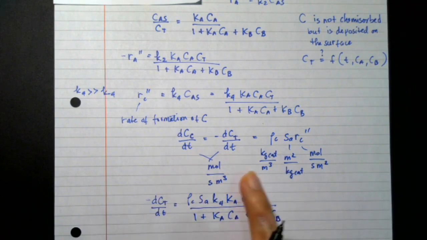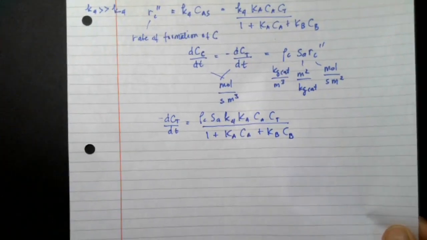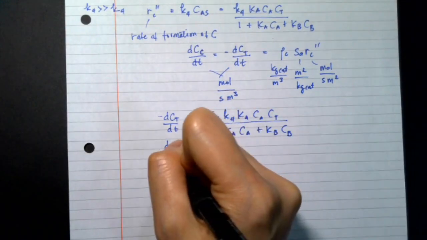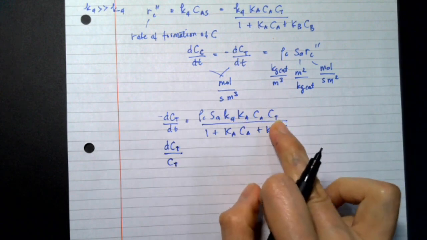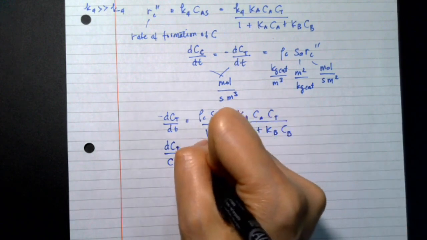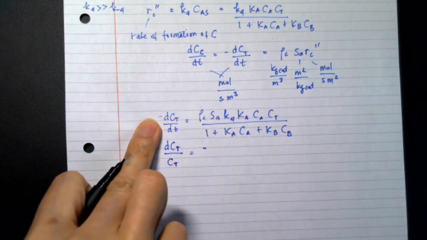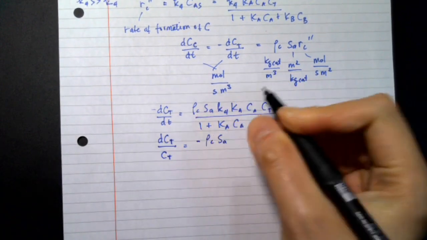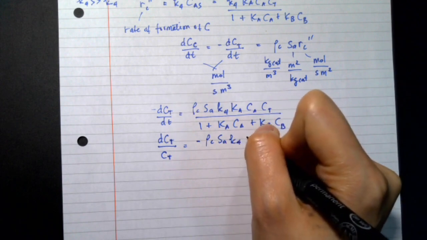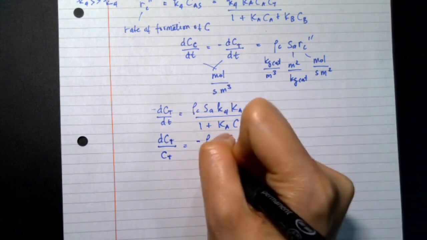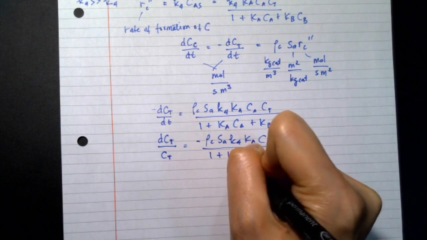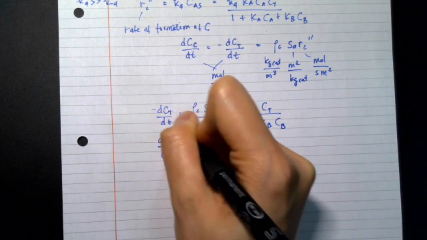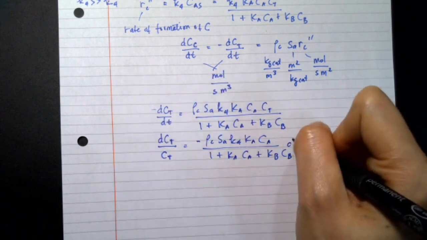Okay, so we can rearrange this. We can write dCT over CT equal to negative rho C SA K4 KA CA over 1 plus KA CA plus KB CB, and then we have the dt here.